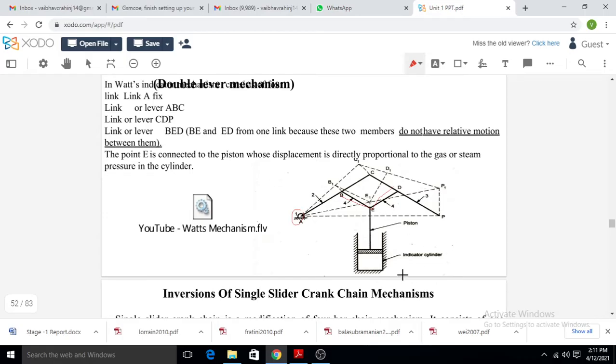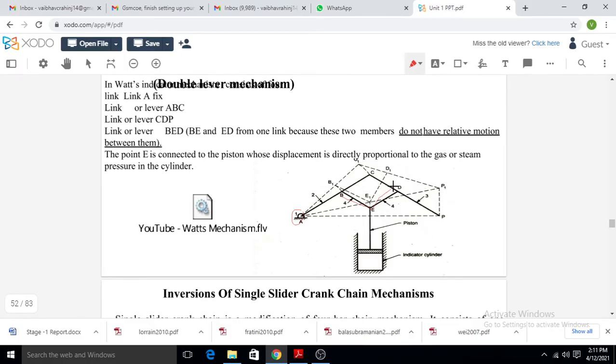The first link, link 1, is the indicator cylinder, which is fixed. Link 2 is A to C. Link 3 is C to P, and this BED is called link number 4.